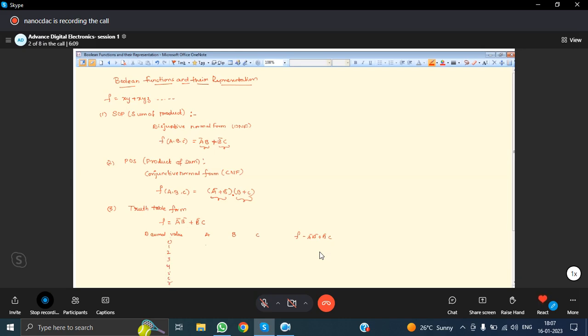Three literals are there, 2 power 3 is equal to 8. The binary representation is 0 0 0, 0 0 1, 0 1 0, 0 1 1, and similarly you can assume the rest. Depending upon the logic equation, we will be computing the function a bar b bar plus b bar c, and you compute like that. This is nothing but the truth table form. You know this, I'm just telling you to show you.